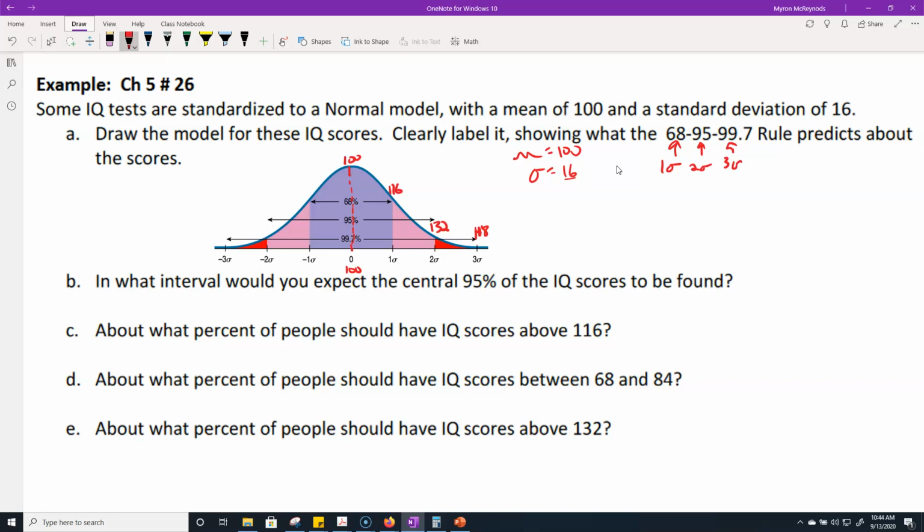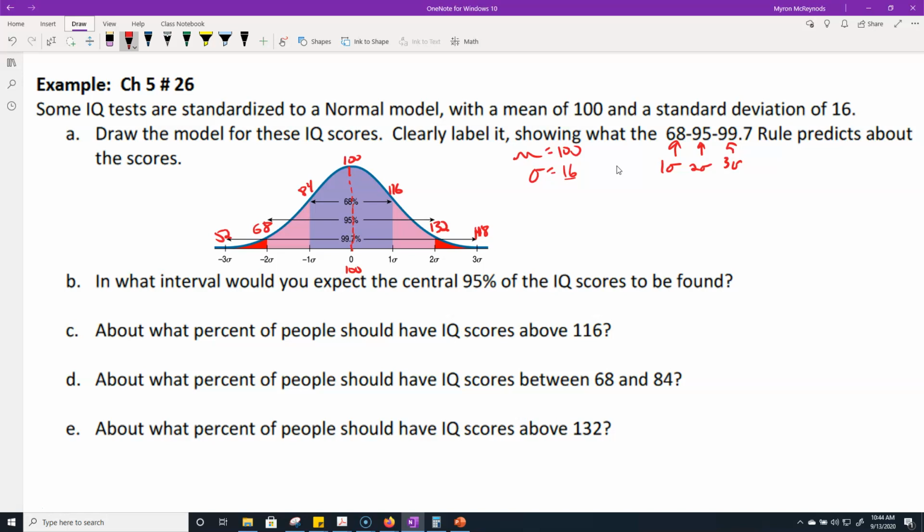So let's get the left side here. We start at 100. One standard deviation to the left would be 100 minus 16 is 84. Another standard deviation to the left would be 68, 84 minus 16. And then another standard deviation would be 68 minus 16 is 52. So what interval would you expect the central 95% of IQ scores to be found?